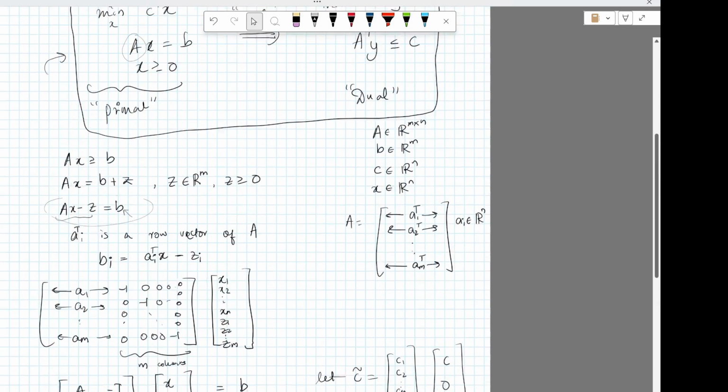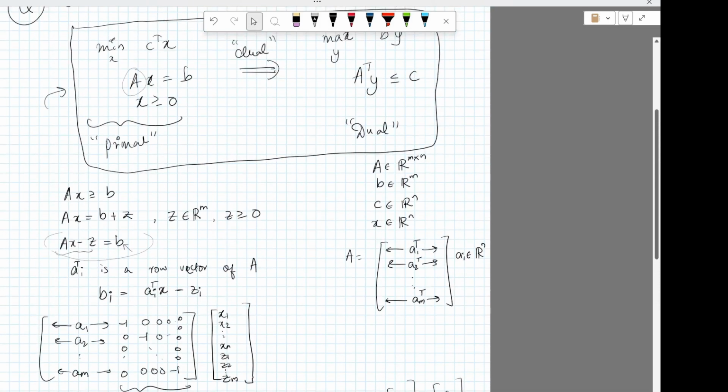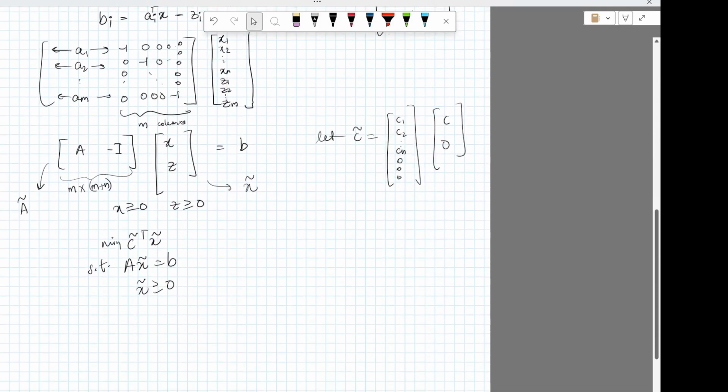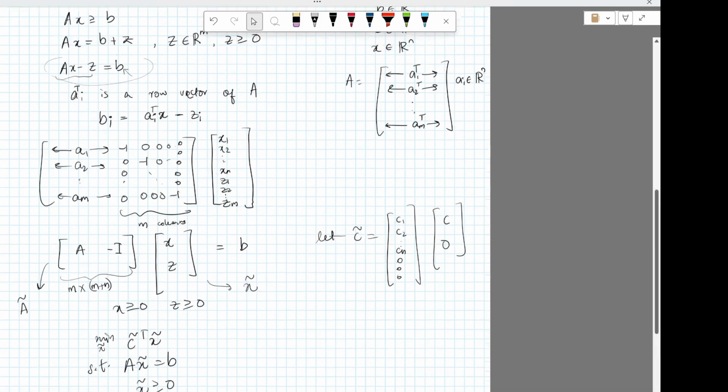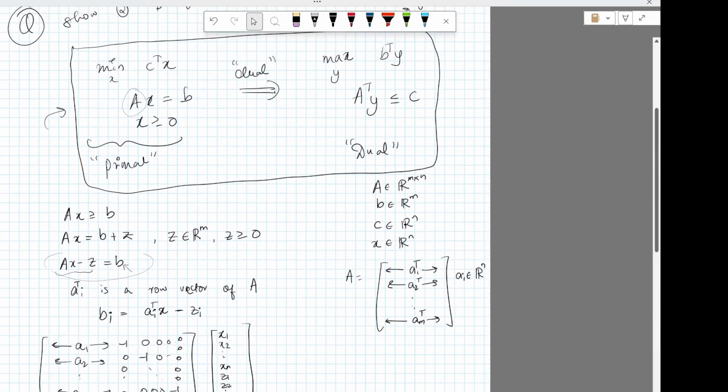So now I have this form: minimize over x tilde, and I know the dual for this.